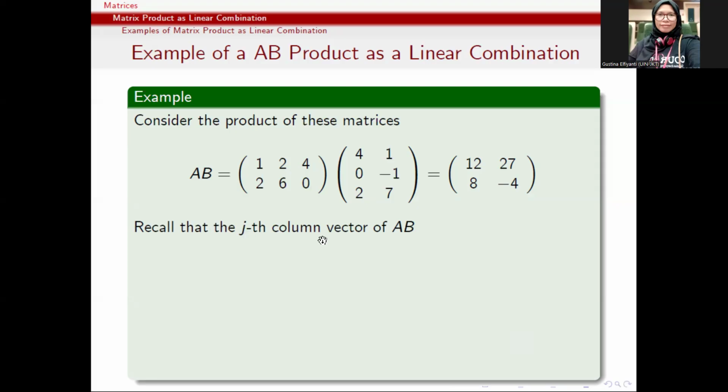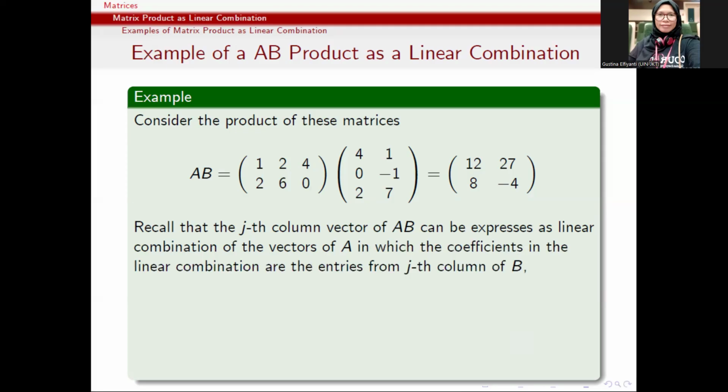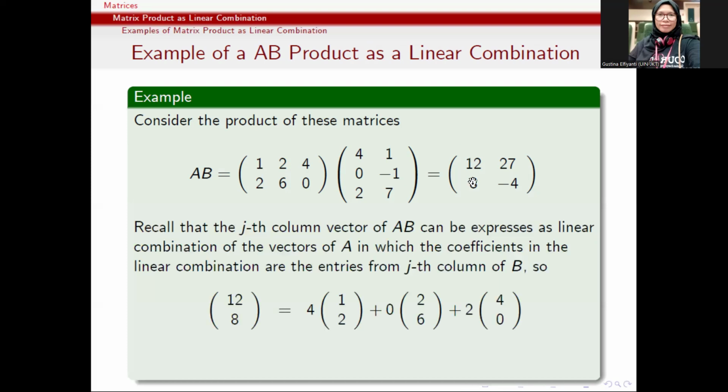Recall that the jth column of the product AB can be expressed as a linear combination of the column vectors of A, in which the coefficients in the linear combination are the entries from the jth column of B. So we can see that the first column of AB is the linear combination of the columns in A, where the coefficients are the entries in the column of B.